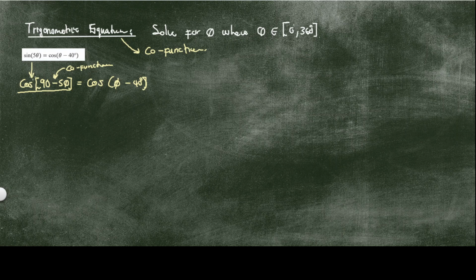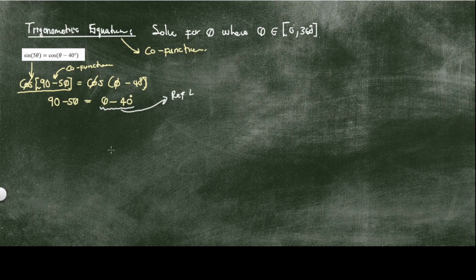Now that they are the same, they cancel. We are left with 90 degrees minus 5 theta equal to theta minus 40 degrees. After the ratios have cancelled, the right-hand side is taken as a reference angle.